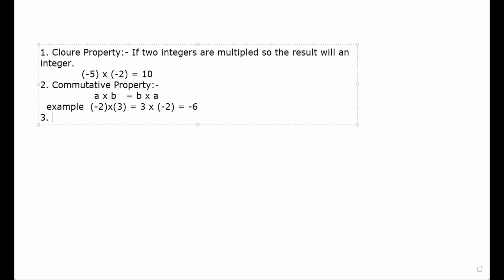Now the next property is the associative property. What does this property say? According to this associative property, it is based on priority.